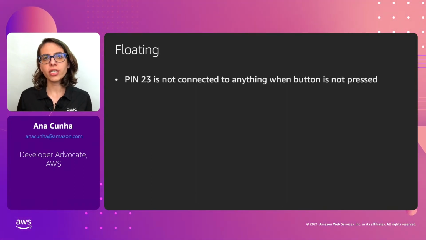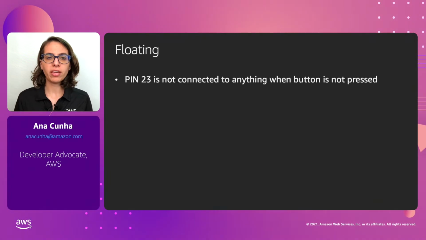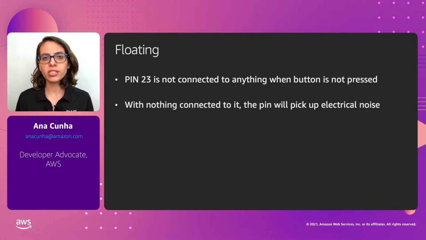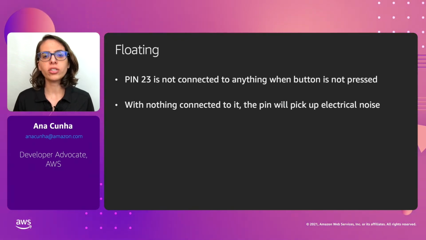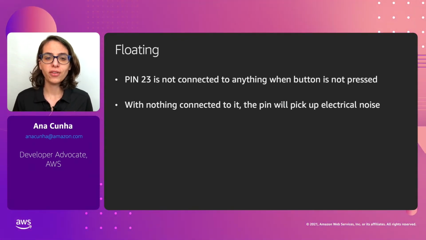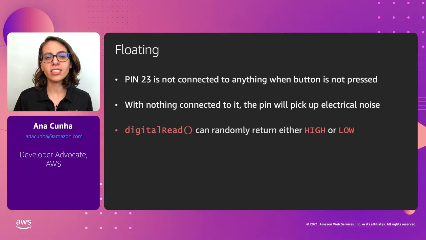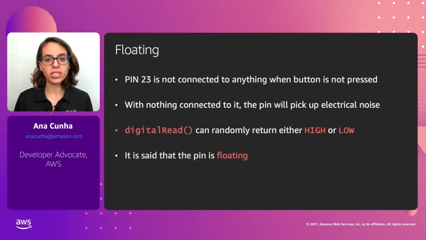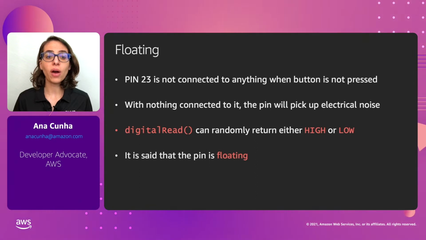When nothing is connected to our pin, it can behave erratically. It will pick up electrical noise from the breadboard, from other components, from the wire, from the electronics that I have around me. So digitalRead ends up returning high and low randomly. When this happens, we say that the pin is floating. So how can we fix this?